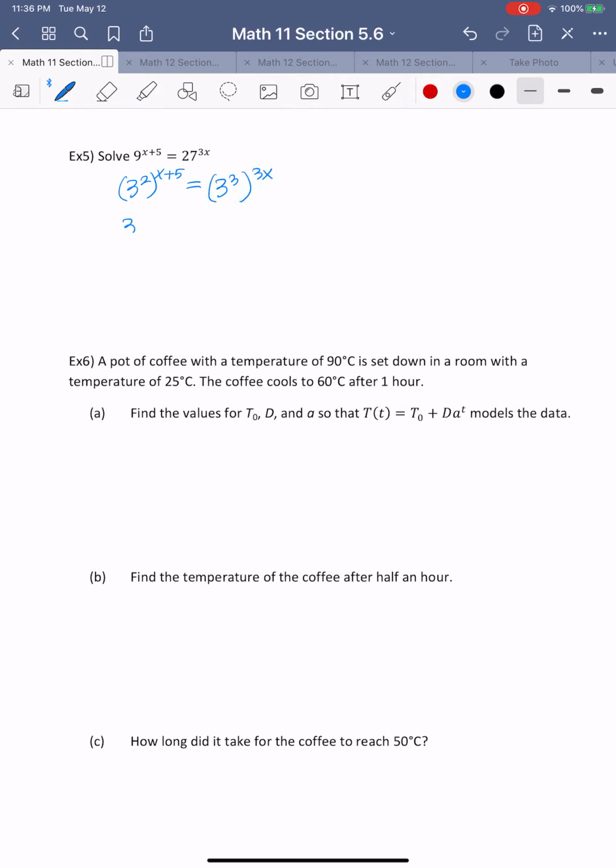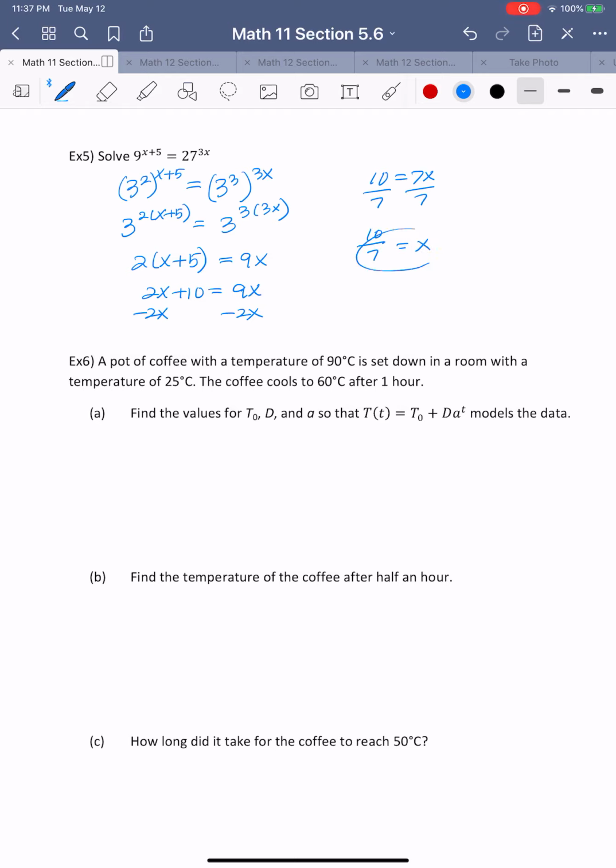So this is 3 to the 2 times (x plus 5), and then 3 to the 3 times 3x. Which means now you can say 2 times (x plus 5) equals 9x. And then 2x plus 10 equals 9x. Subtract 2x on both sides: 10 equals 7x, and divide by 7. And then x is equal to 10/7.